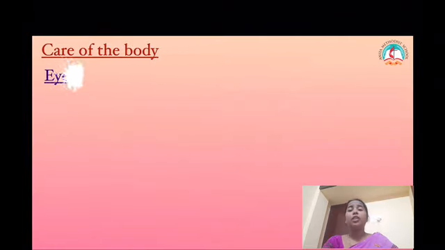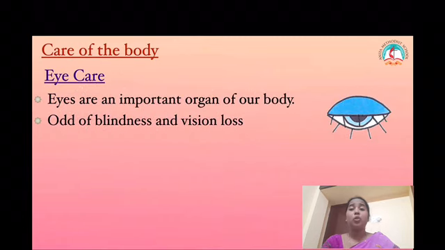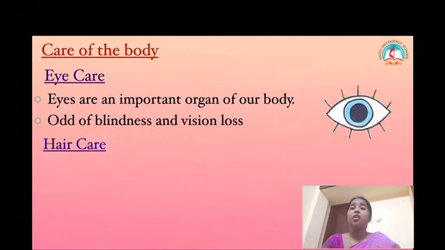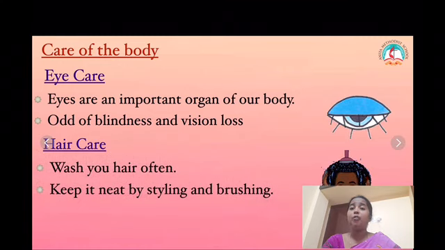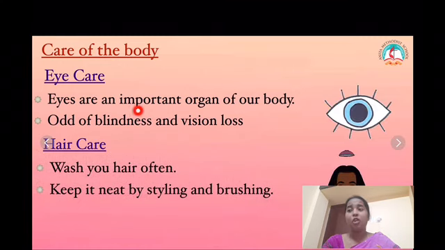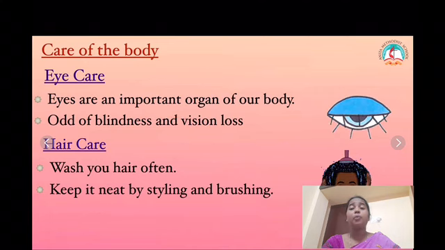Next, we are going to learn about care of the body. First, we are going to look at eye care. Children, we should not watch TV or mobile phone for a long time because eyes are a very important organ of our body. If we watch TV and mobile phone for a long time, you will get vision loss.